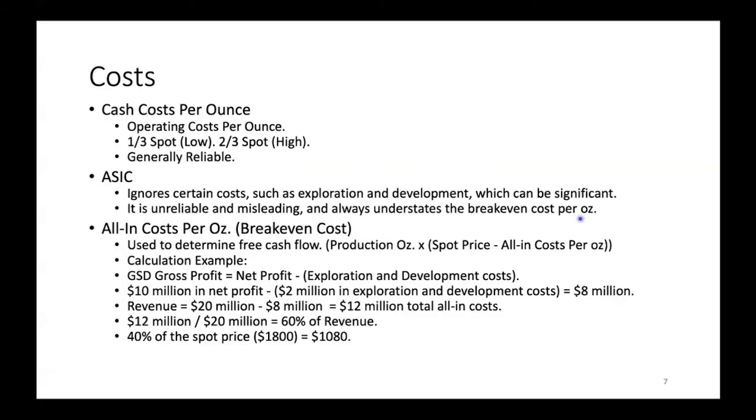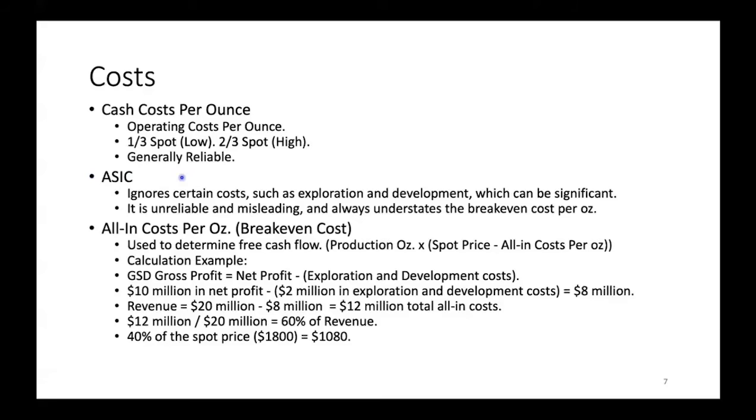So as far as I'm concerned, the only thing that matters to me is the break-even cost. That to me is the all-in cost. So I ignore the AISC, which is an accounting number, which again ignores a lot of cost. And you will never find a company who has an AISC that is the same as the break-even cost.